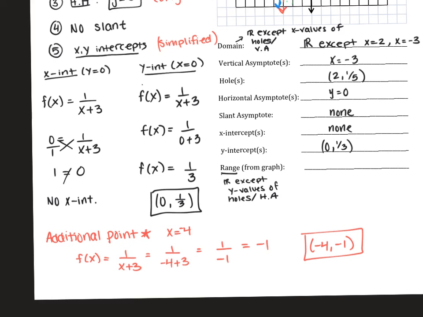So for the range, it'll be all real numbers except y values of holes and horizontal asymptotes. So my range is all real numbers except for when y is equal to 0, which is the horizontal asymptote, and y is equal to 1/5, which happens to be the y value of the hole.